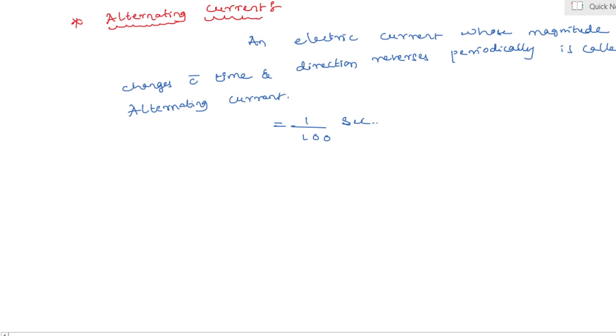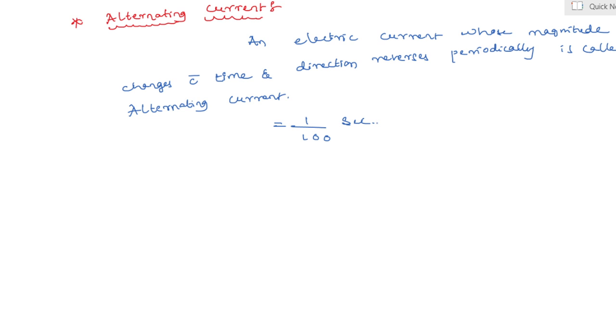The major difference between AC and DC is that DC always flows in one direction, while AC reverses its direction periodically. DC has a magnitude that is either constant or variable, but the direction remains the same. But alternating current has a magnitude that changes with time and a direction that reverses periodically.